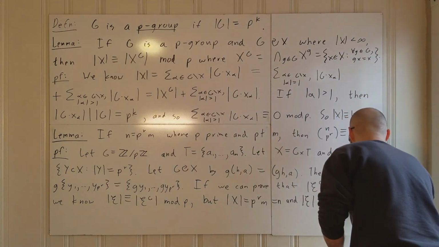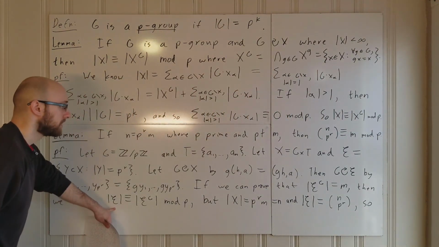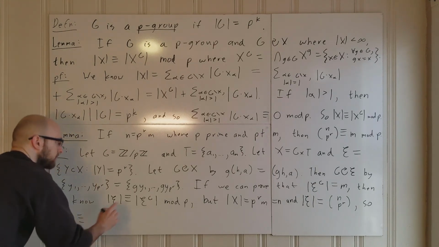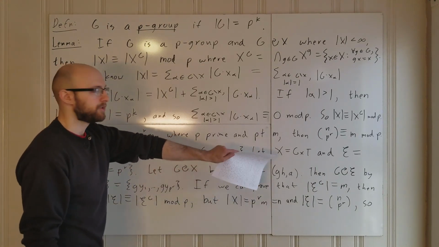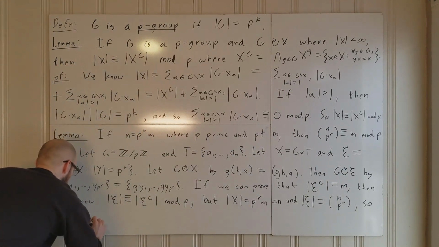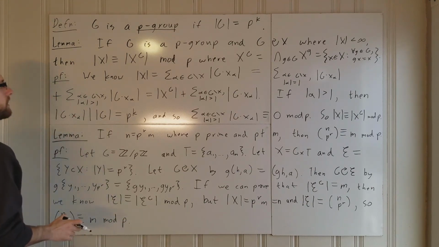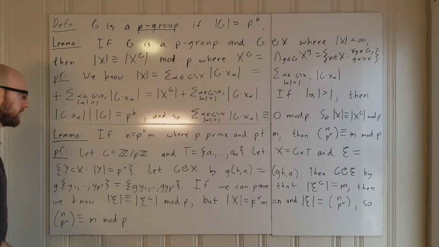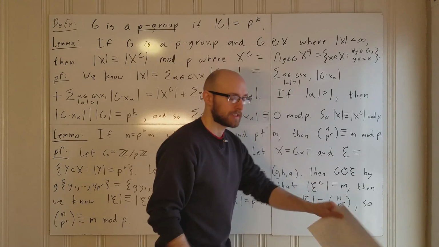And so what this statement becomes is n choose p to the r is equivalent to, if E^G is m, m mod p. And that's exactly what we're trying to prove here. And so what we want to prove is that this set has size m.